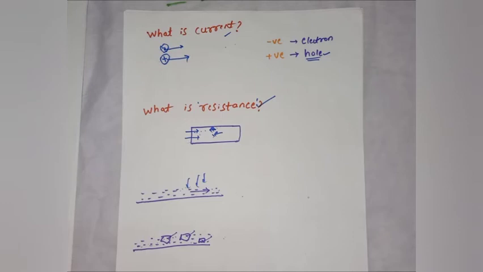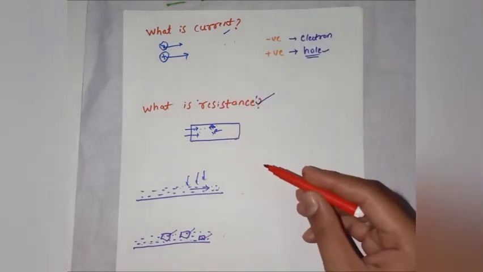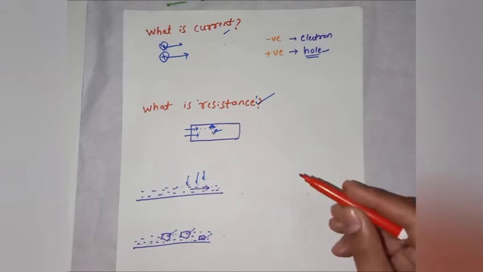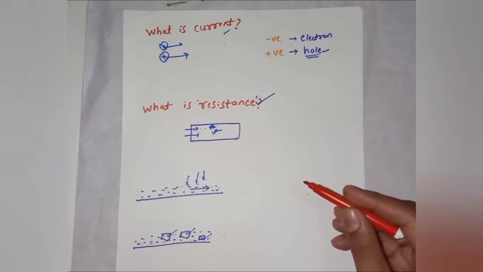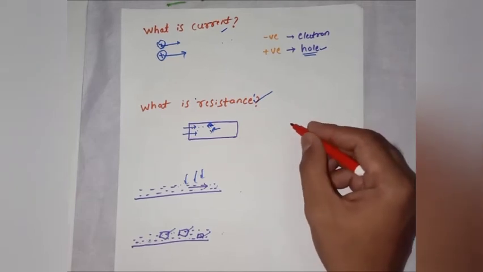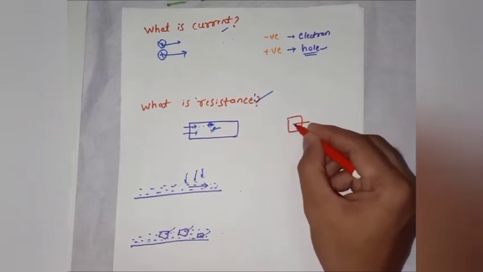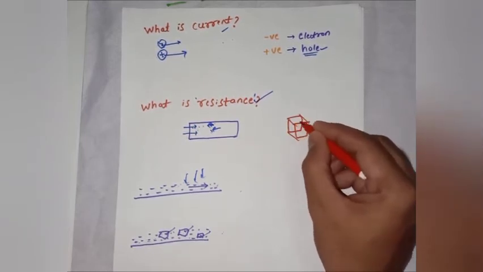In the last class, we studied about the current and resistance. One more concept is called resistivity. Remember, resistivity is just the resistance of the unit cube. Suppose you have a conductor, and this is a cube.